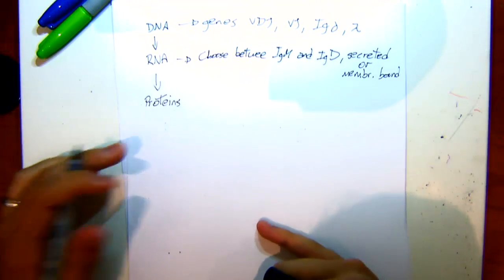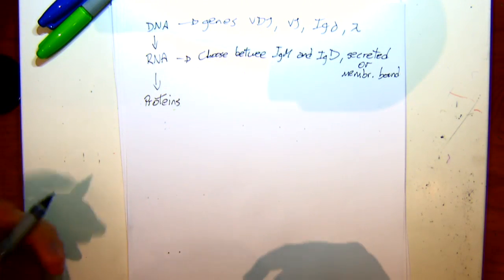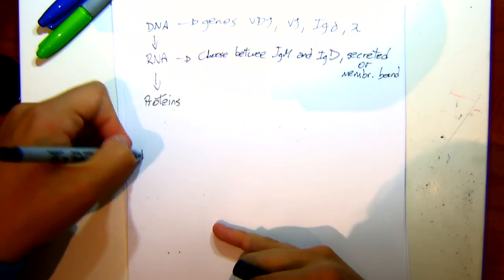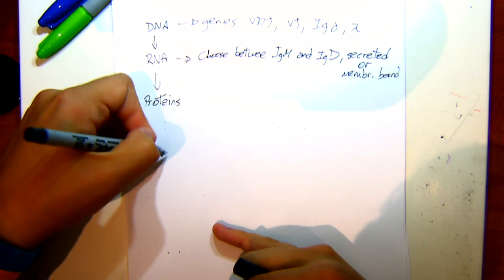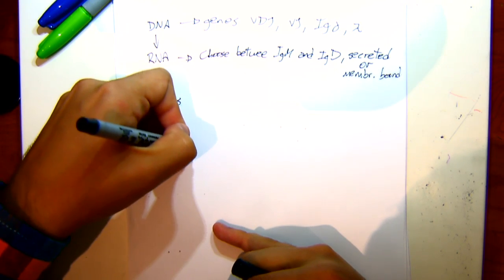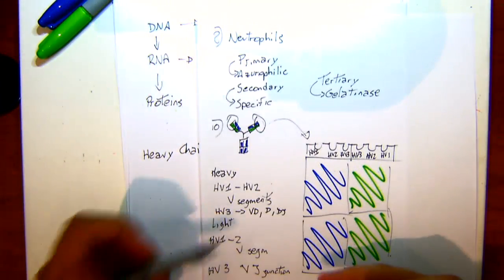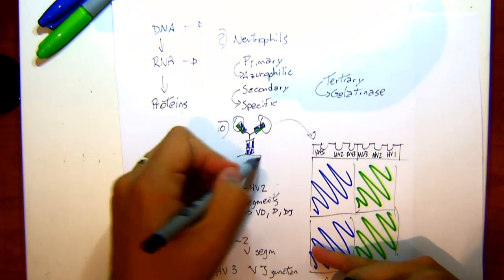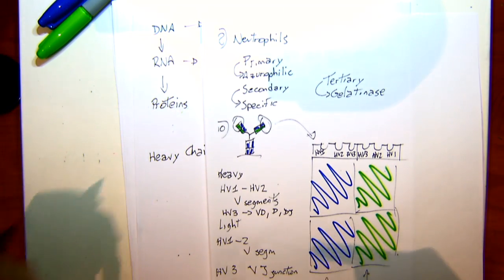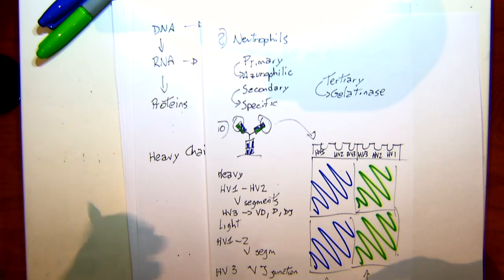And this is just because of the way your genes are coded. So remember, let's say this is the heavy chain that we're doing, because if we look at the structure of the heavy chain right here, that's where the surface would be, and that's where the whole antibody attaches to your cell.